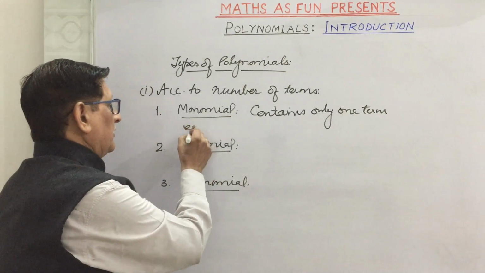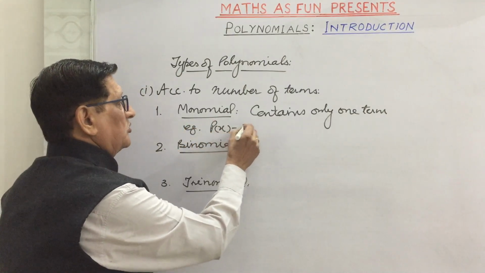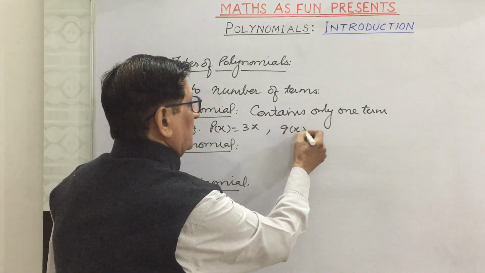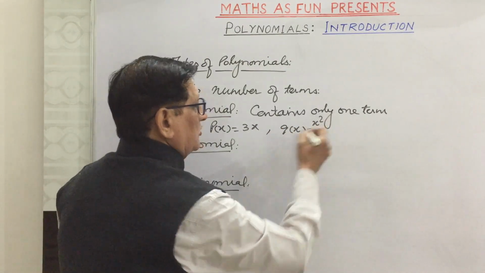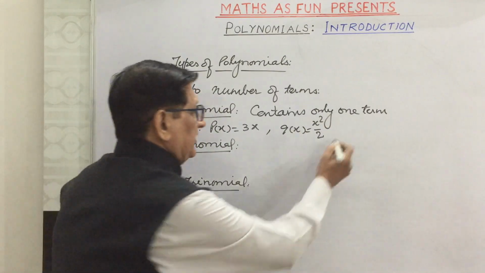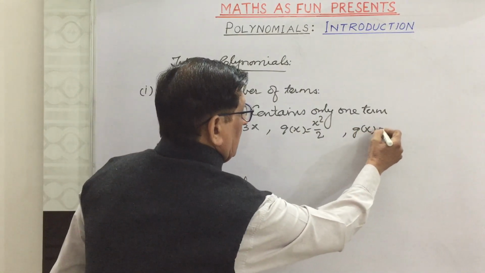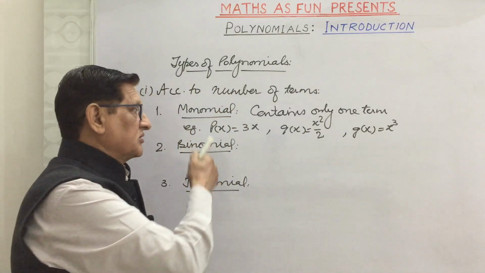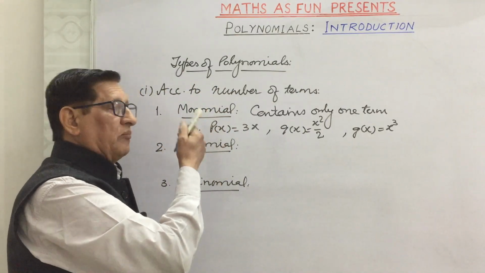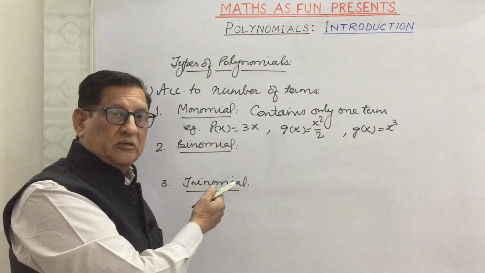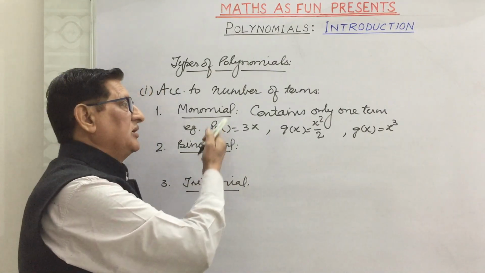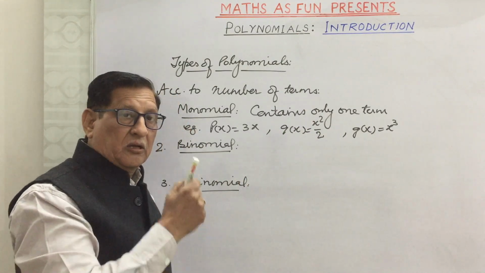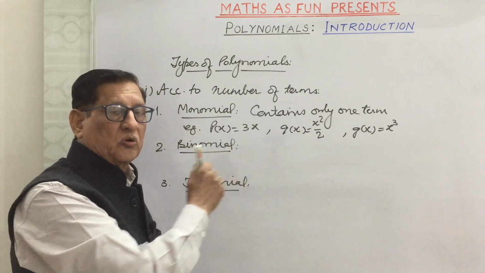For example, we have p(x) = 3x, q(x) = x²/2, g(x) = x³. It means it is not necessary that the monomial will be only linear or quadratic. It may be linear, it may be quadratic, it may be cubic also. But containing only one term is a monomial.